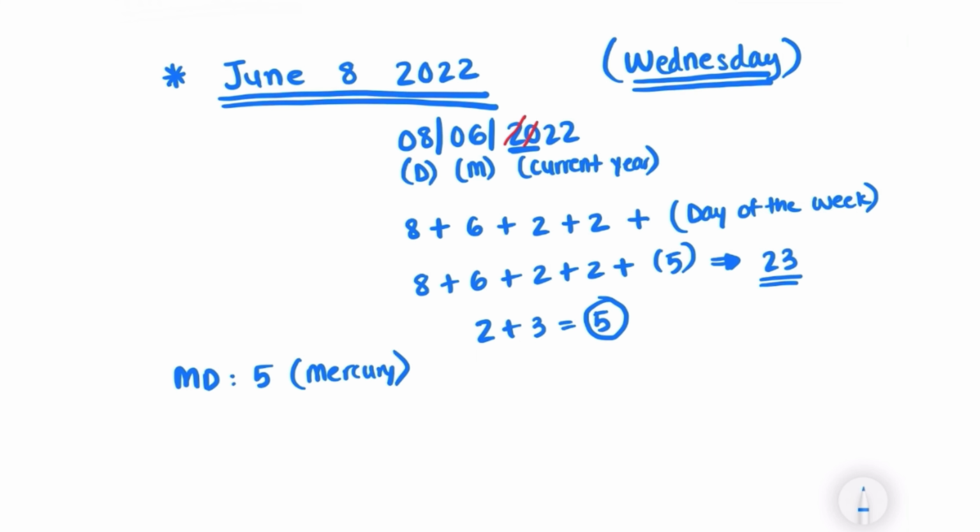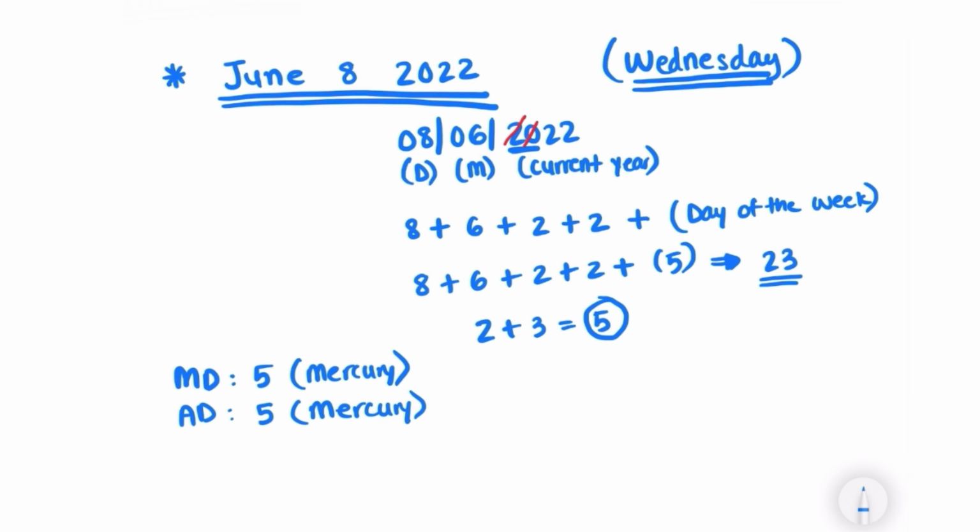Please remember that and please write it down in your notes if you are taking notes from my video. On every birthday, Antardasha always changes. Okay? So, as we calculated, on this birthday of June 8, 2022, the Antardasha will also be of 5, which is Mercury.